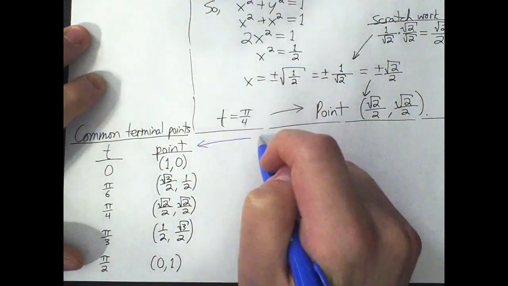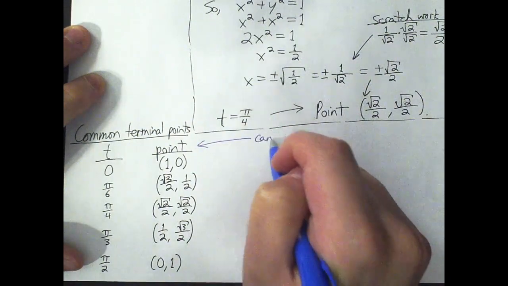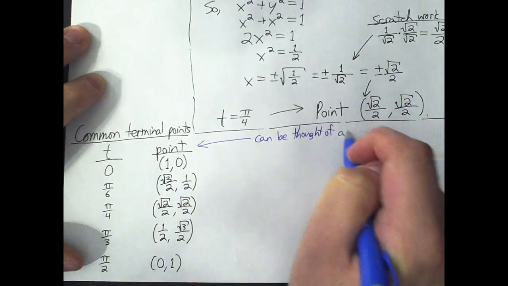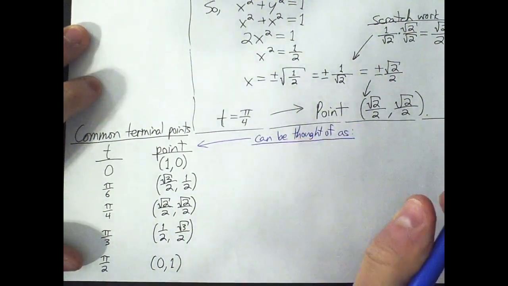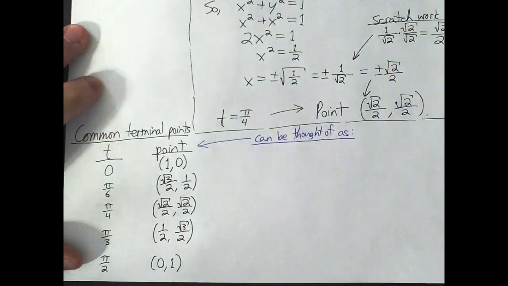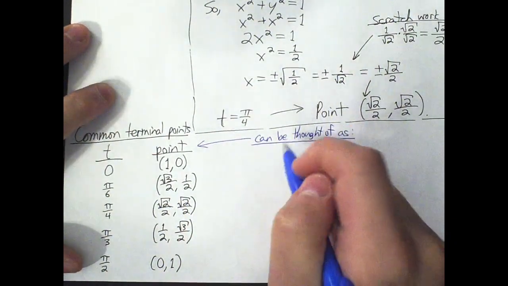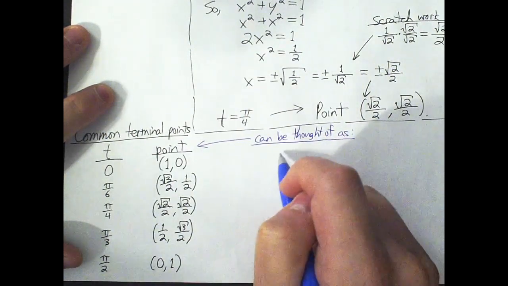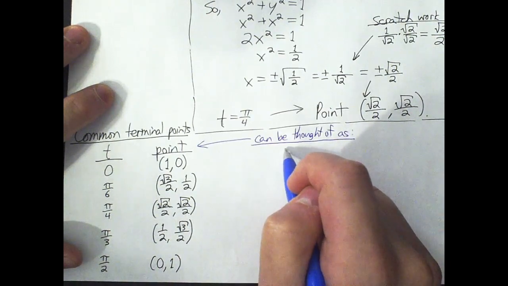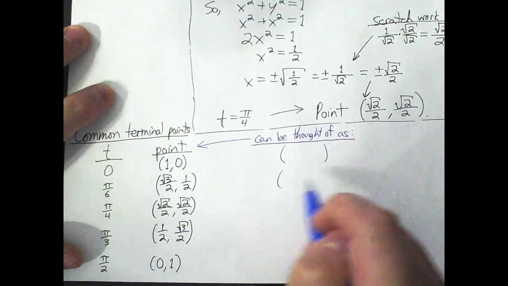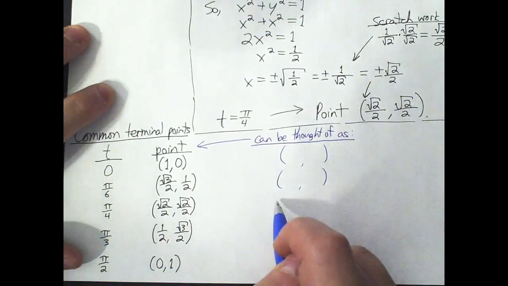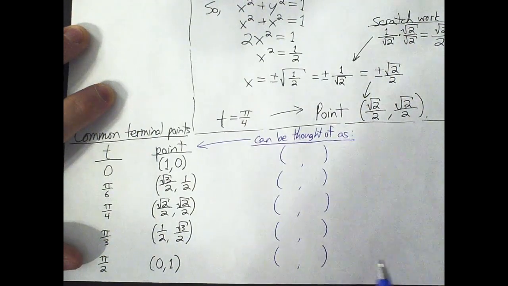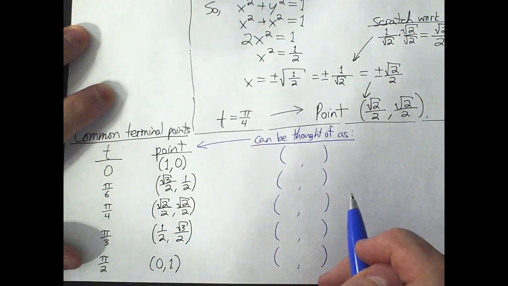Here's a cool little trick that I like. Just because I like to show patterns in math, these numbers are not arbitrary. There is a pattern or a structure to this. It's up to you whether you want to try to remember it this way or not, but I want to say that all of these points can be thought of as involving square roots of things over 2.